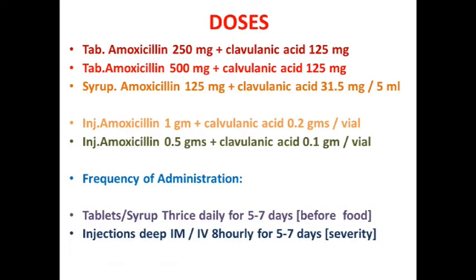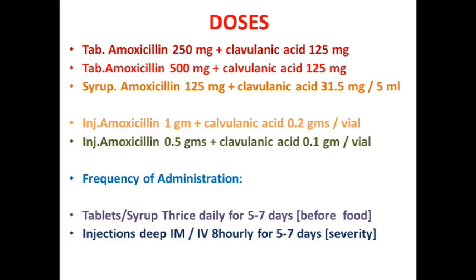Now if you want to look at doses, you have tablets, syrups, injections available, so these are the dosage formulations available. Tablets are amoxicillin 250 milligrams, fixed dose combination plus clavulanic acid 125, available as a single tablet. Double strength, amoxicillin 500 milligrams tablet plus clavulanic acid 125. Then we have syrups for the pediatric age group of amoxicillin 125 milligrams plus clavulanic acid 31.5 milligrams per 5 ml.